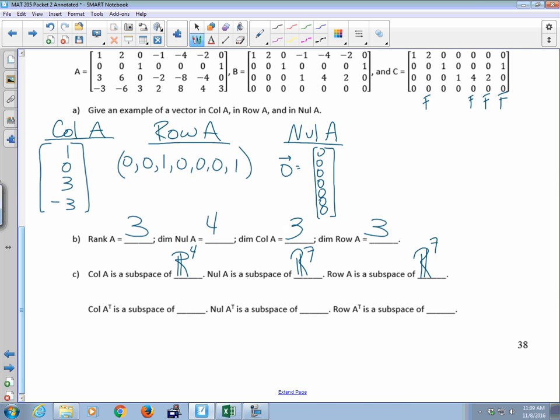All right, the column space of A transpose. Well, the column space of A transpose is just the row space of A, right? And we already know that the row space of A is a subspace of R7. The null space of A transpose.